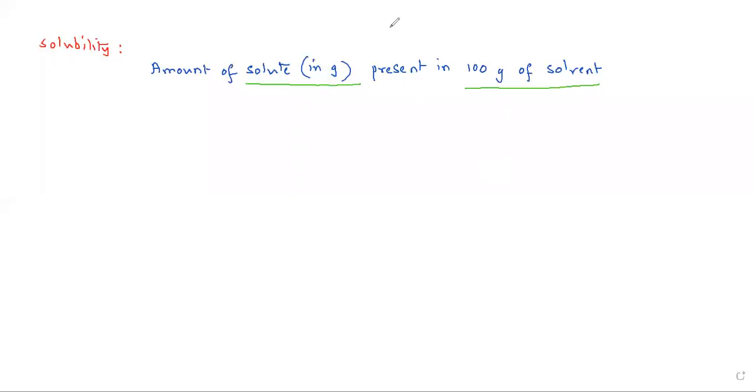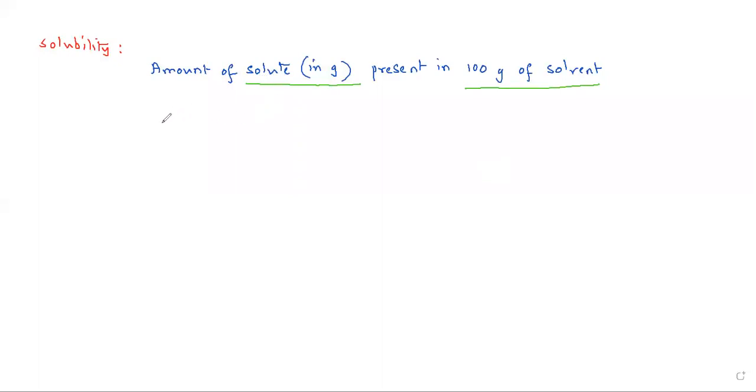Okay guys, amount of the solute in gram present in 100 gram of the solvent is solubility, right?